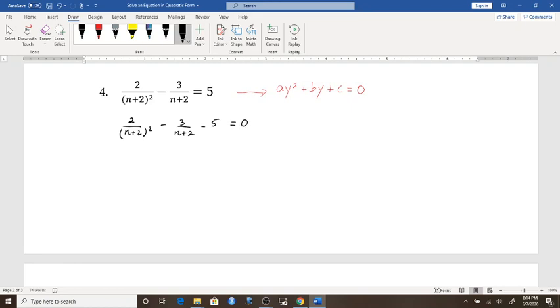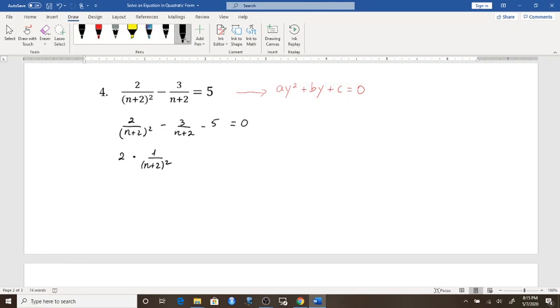So what do you think is going to be the value of c? Well, clearly the value of c is -5. Now the question is, what do you think is the value of b? And I don't know if you know this, but the value of b will be this -3, only -3, okay? In fact, let me rewrite this a little bit different. Instead of 2 over n plus 2 divided by n plus 2 squared, do you agree that this is the same thing as 2 times 1 over n plus 2 squared?